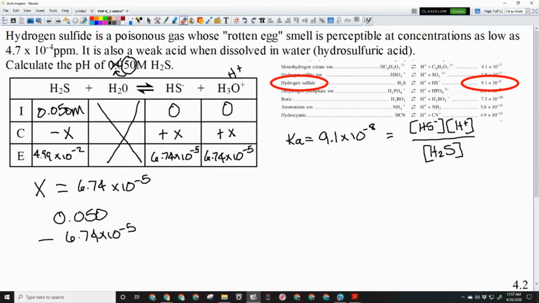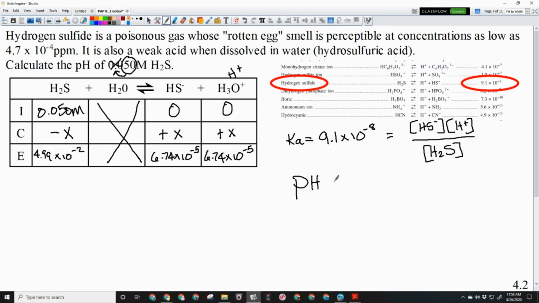We can now use all of this information to just nicely answer this question that we have. And what was the question? What is the pH? So we're calculating the pH. All right, so pH is equal to the negative log of the hydrogen ion concentration. So the only bit of information we need here is this right here.